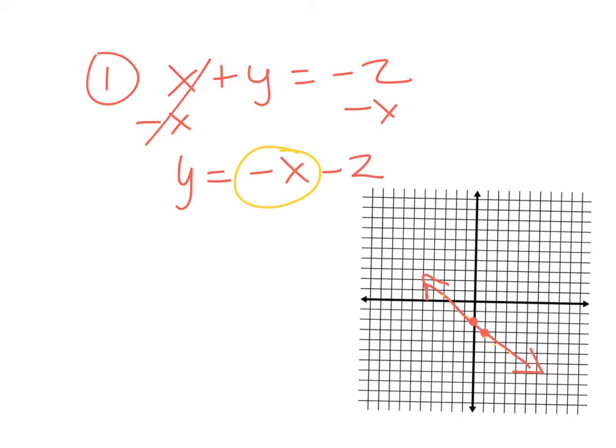When you get to your slope-intercept form, y equals mx plus b, see how the -2 is my b? There's no actual number in front of x, so you can always assume there's a 1 there, so that way you know that your slope is -1. If there's no negative there, if it's just the letter x, then it's a positive 1. Good question. Any other questions?